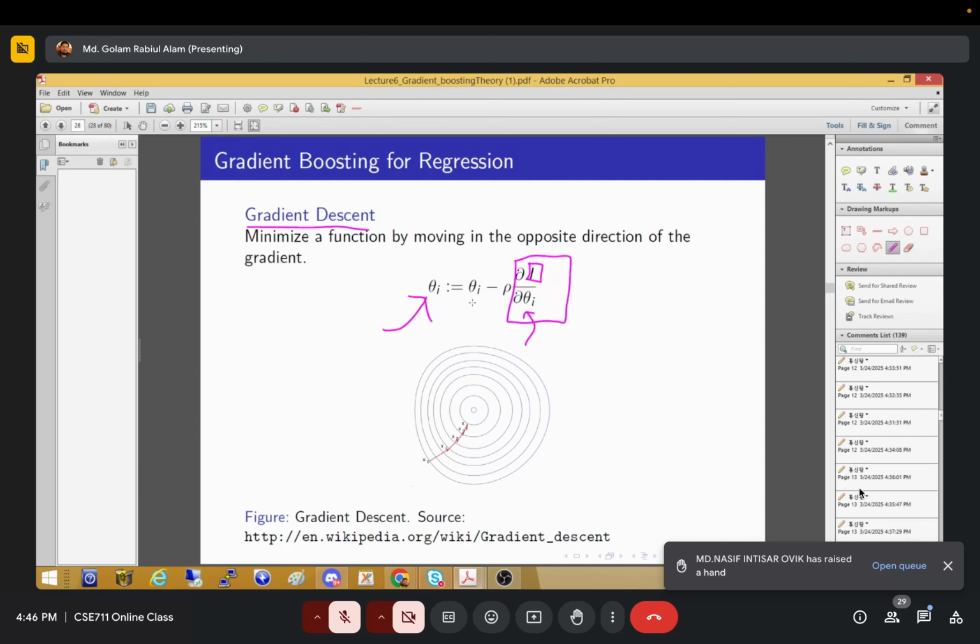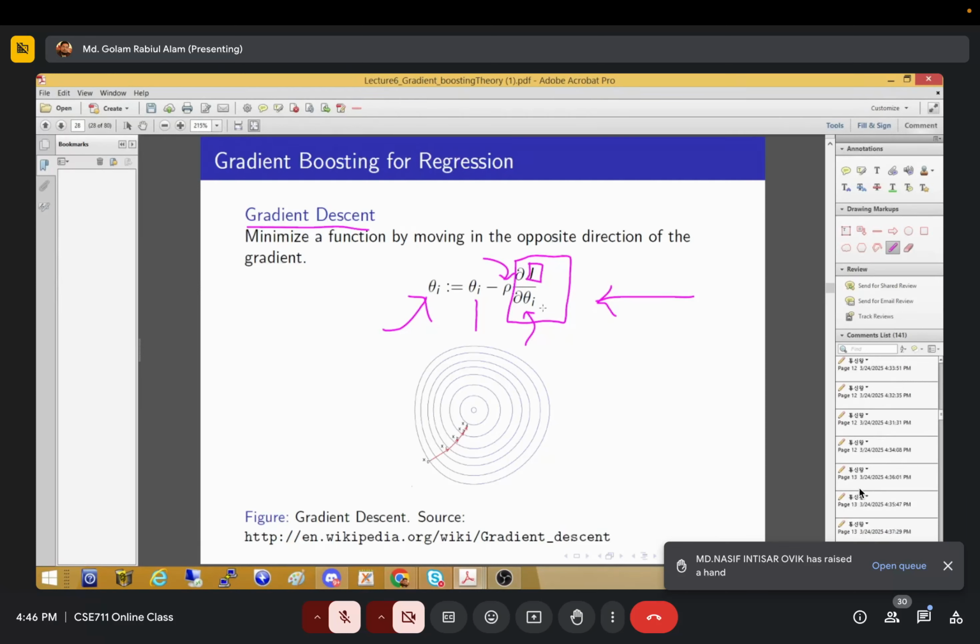Here you can see the previous value minus rho times the gradient. Rho is the learning rate times our gradient. So at first we determine the step size, and then we have to update the variable values using this equation: the previous value minus the gradient times the learning rate.